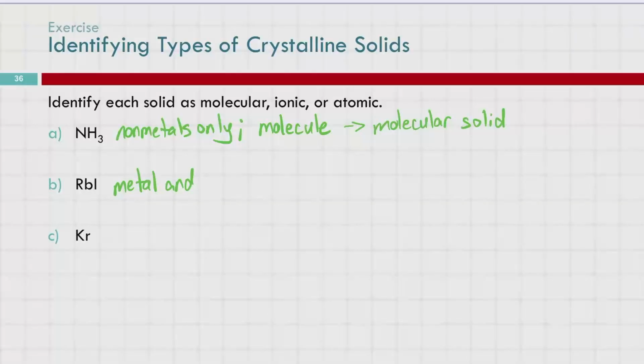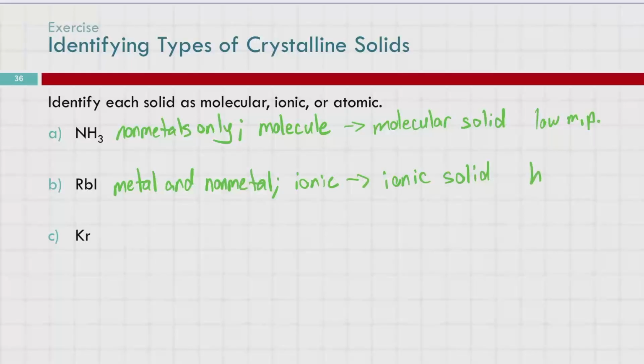It is ionic. So it's going to form an ionic solid. It's probably going to have a relatively high melting point. Just based on the type of thing that it is, we could guess it's probably got a high melting point. It's probably a solid at room temperature.